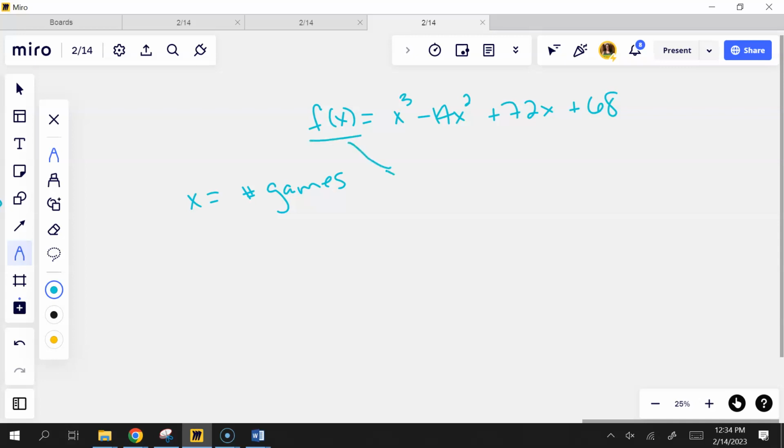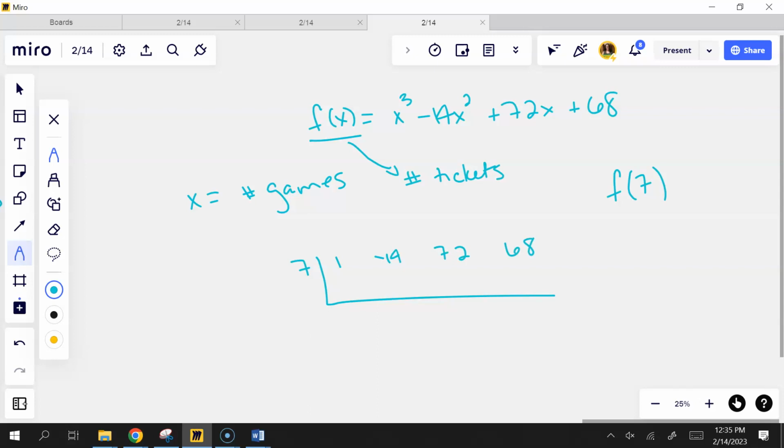This is number of tickets. Use the remainder theorem to find the number of tickets sold during the 7th game of the season. So I just need f of 7, but because it told me to use the remainder theorem instead of plugging in 7, I'm going to do synthetic division at 7.